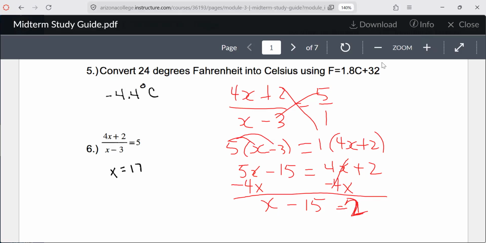Now I'm trying to solve for x, so I've got to move the 15 away. I'm going to add 15 on both sides. So x equals 17. And that is number 6.